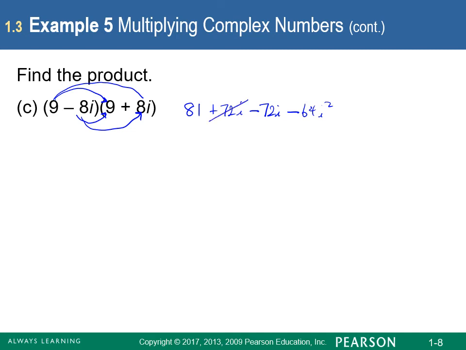The 72i and the negative 72i are going to subtract out. The i squared is a negative 1. Negative 64 times negative 1 is positive 64, which means we come out with just a single real number answer.